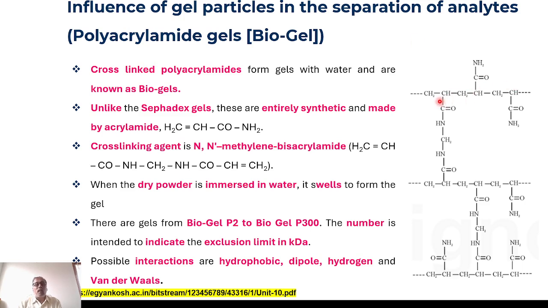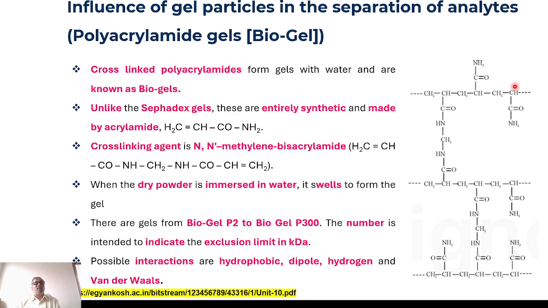There will be monoacrylamide, which will be converted into polyacrylamide in the presence of APS, that is ammonium persulfate, which acts as a free radical generating catalyst. Ammonium persulfate generates the free radical, and the generated free radical attacks the monoacrylamide. As a result, you get polyacrylamide.